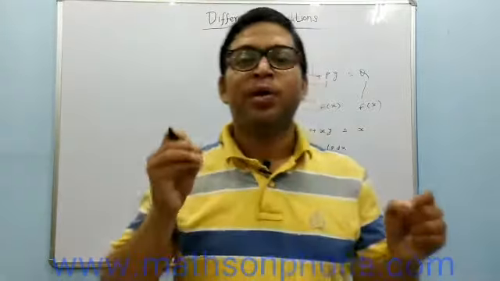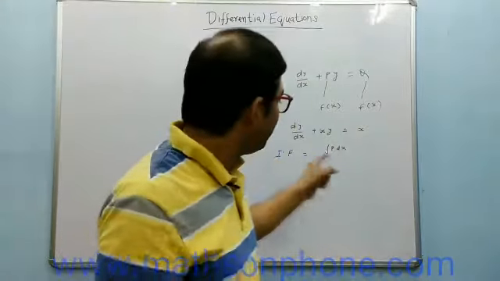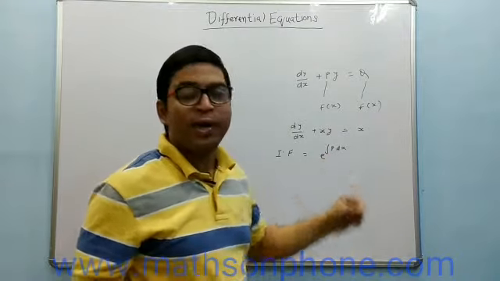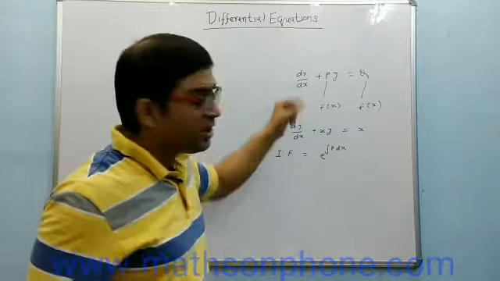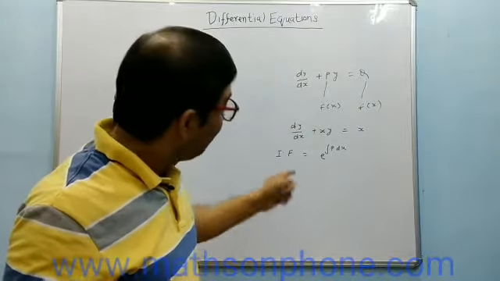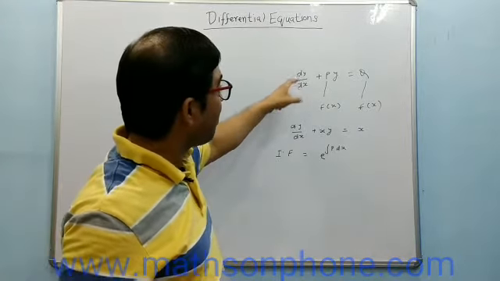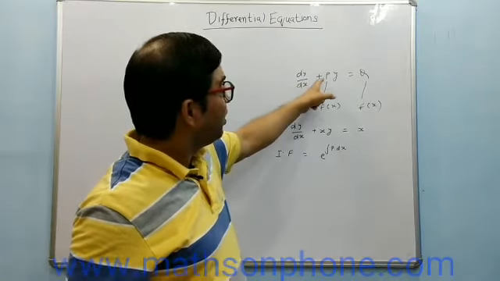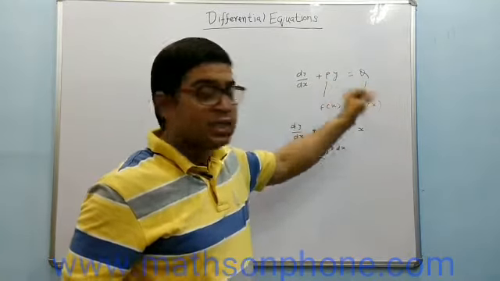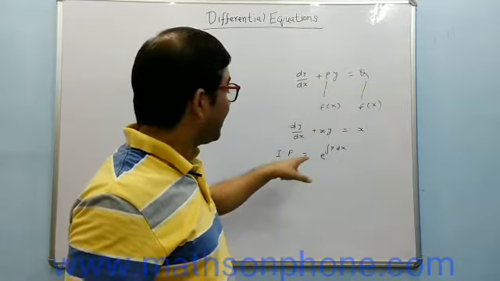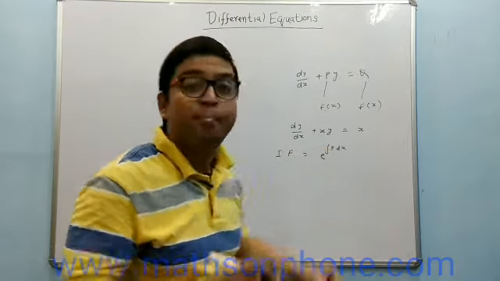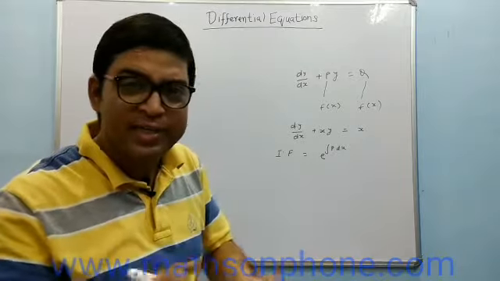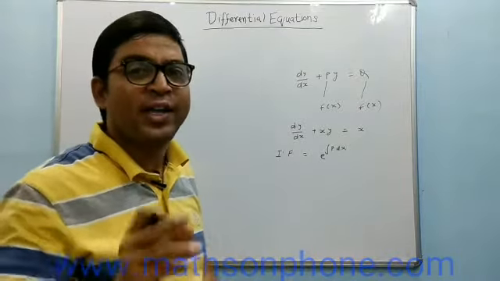All the time you need to find the IF, you just take e to the power integration of p dx. If the form is dx by dy plus px is equal to q, in that case IF will be e to the power integration p dy. Accordingly, it will change. No need of worrying about this.